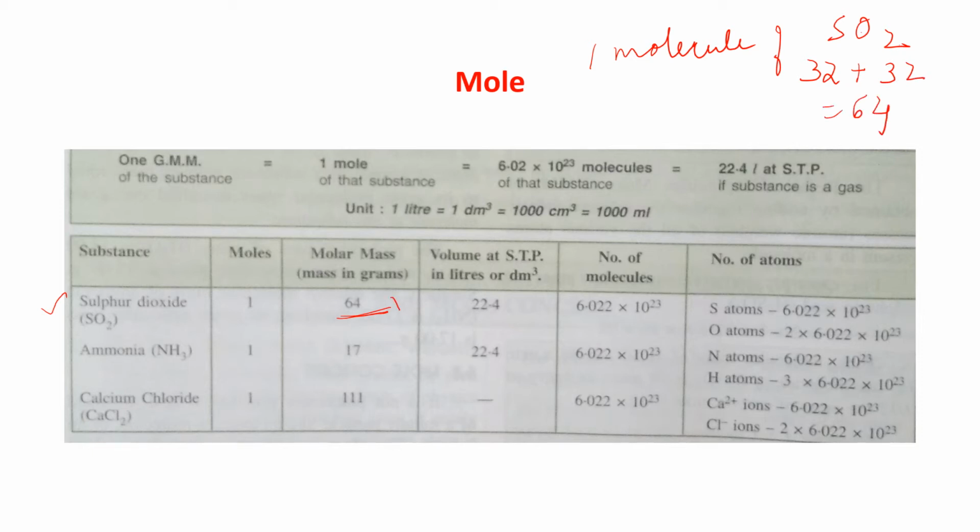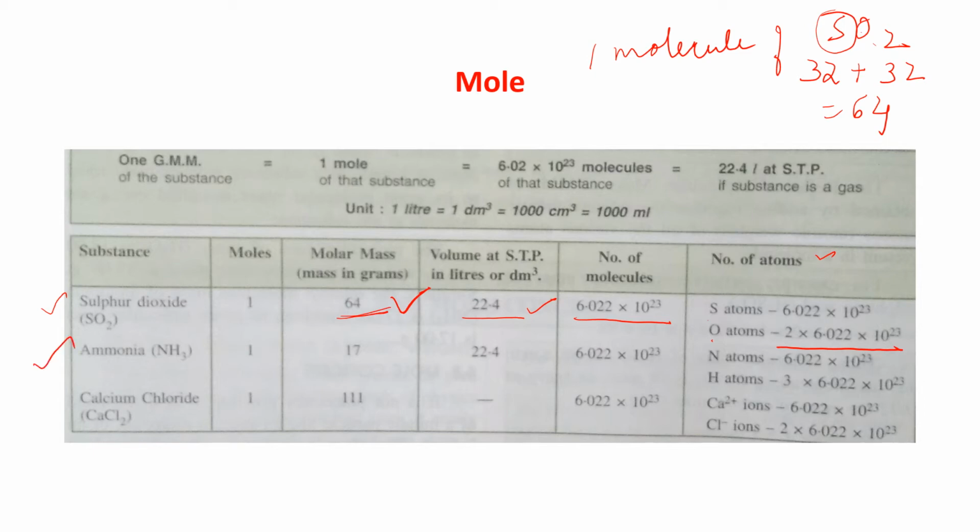Volume at STP is 22.4 liters. Number of molecules is 6.022 into 10 to the power 23. Number of atoms: sulfur is 6.022 into 10 to the power 23, because there is only one S, and oxygen atoms are 2 into 6.022 into 10 to the power 23.